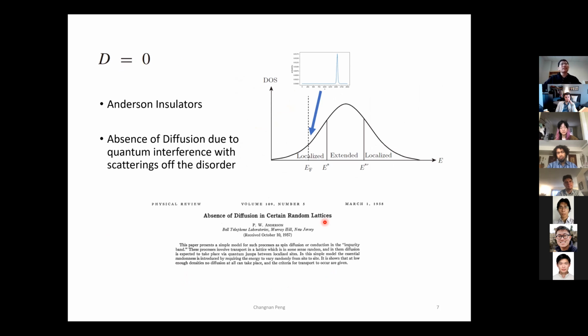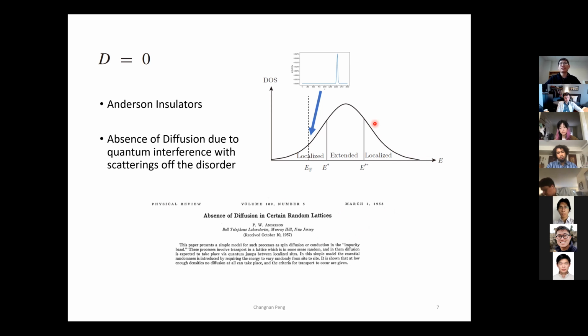Well, in the second possibility, where the diffusion constant equals 0, the system is called an Anderson insulator, where there is an absence of diffusion due to quantum interference with scattering off the disorder. This phenomenon was first brought up by Philip Anderson in 1958 in his famous paper, Absence of Diffusion in Certain Random Lattices.